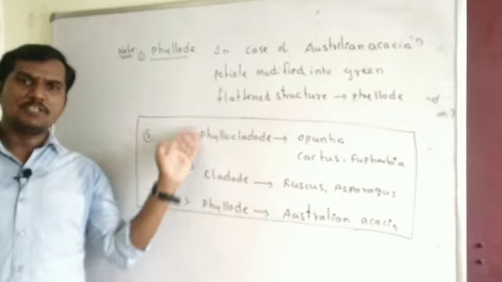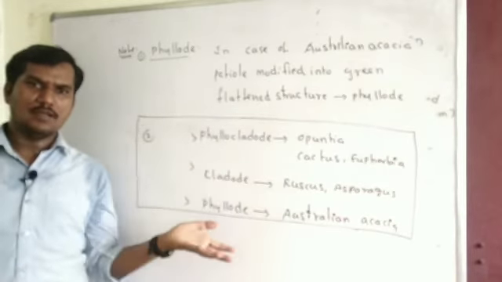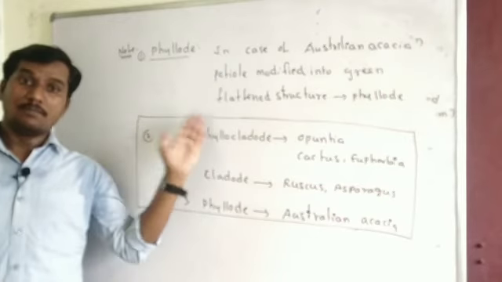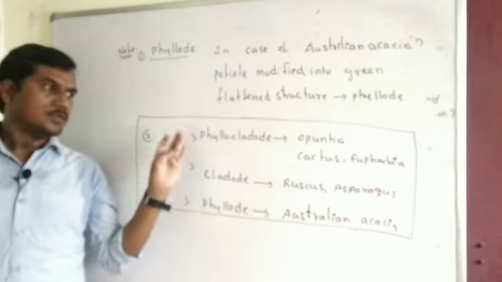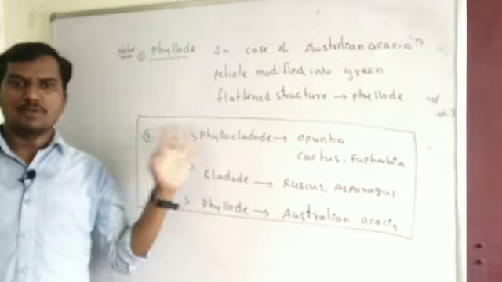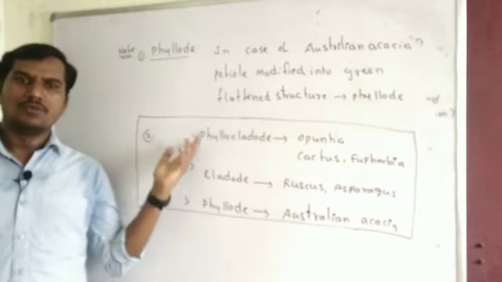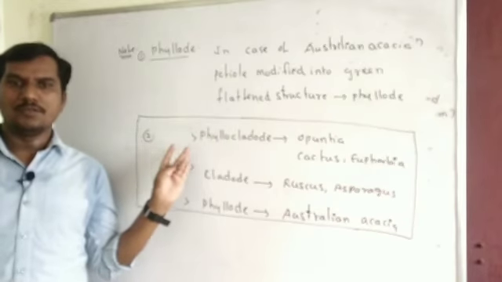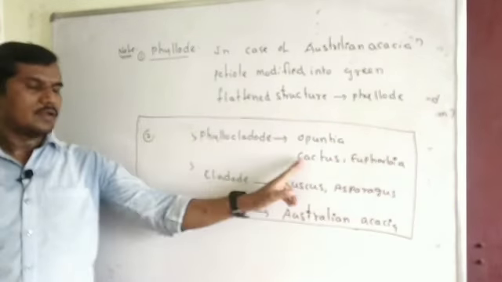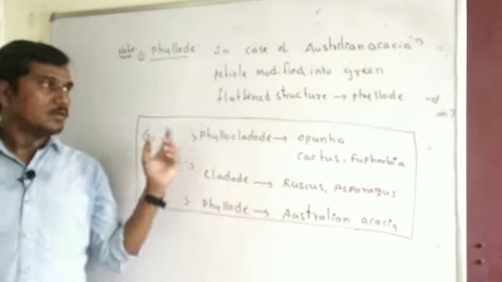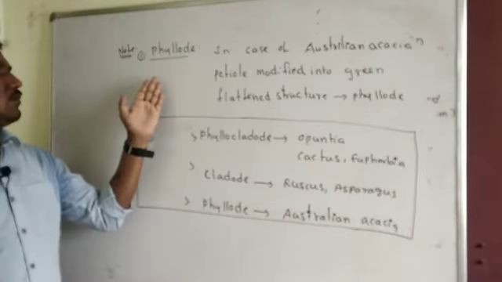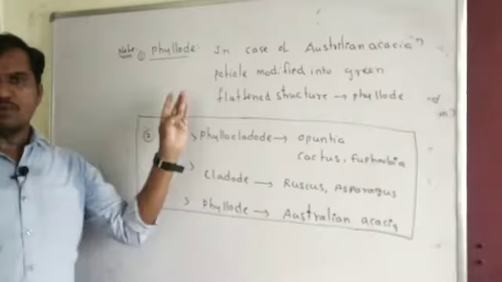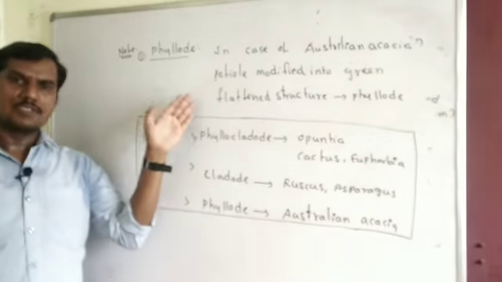In some plants, the stem is modified for storage of food material, as in tubers, or for vegetative propagation. In some plants, it is modified into phyllocladodes to carry out photosynthesis. So this is the special form of stem modification that comes under aerial stem modification.